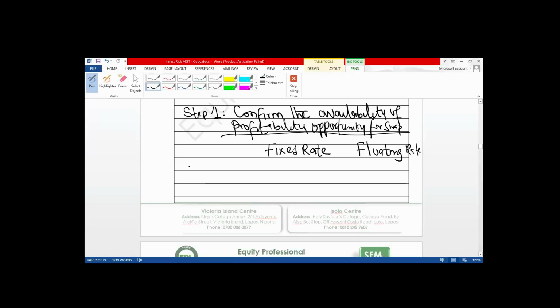We have MP, we have TK. If you look at the question, fixed rate for MP, 6.5%. Floating rate for MP, prime lending rate plus 2.25%.